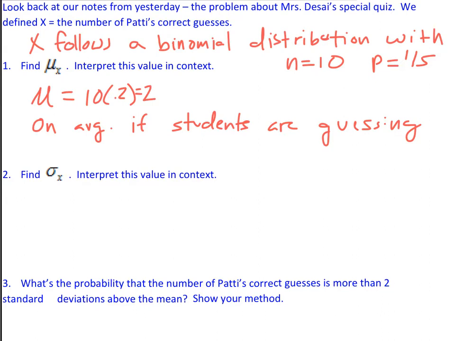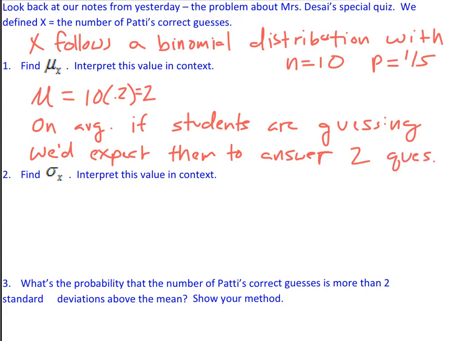There's just a randomly selected correct answer. Students are just going through and guessing. If they're guessing, we'd expect them to answer 2 questions correctly.